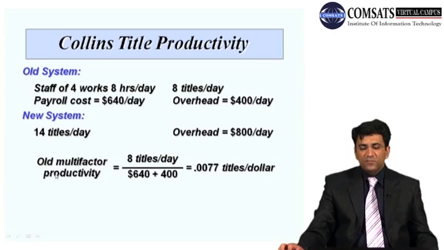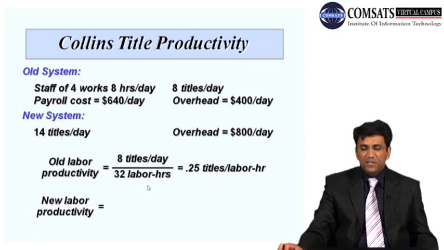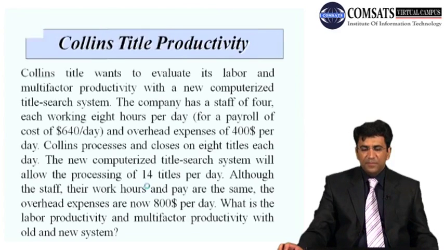In this particular case, we are interested in taking as input the overhead cost, as well as the other cost which is given in this example. You can see we are provided with 2 types of cost, that is the payroll cost of $640 per day and overhead expenses of $400 per day, which were for the old system.